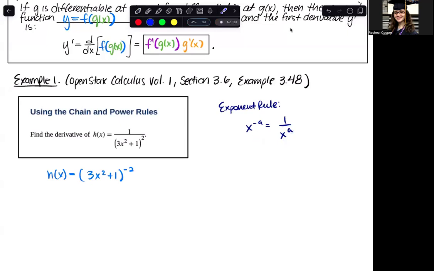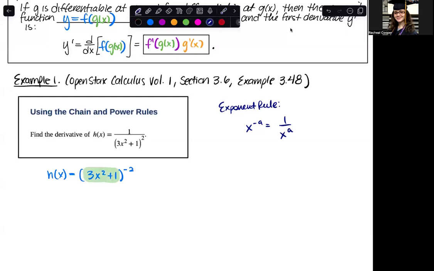Here we have a positive exponent in the denominator of a fraction. So we can move this expression to the numerator, right? Because it's almost like there's a 1 in the denominator there. And then take the exponent and turn it negative. And then hopefully you see that this is a chain rule problem because the 3x squared plus 1 is now being operated on by the negative 2 exponent.